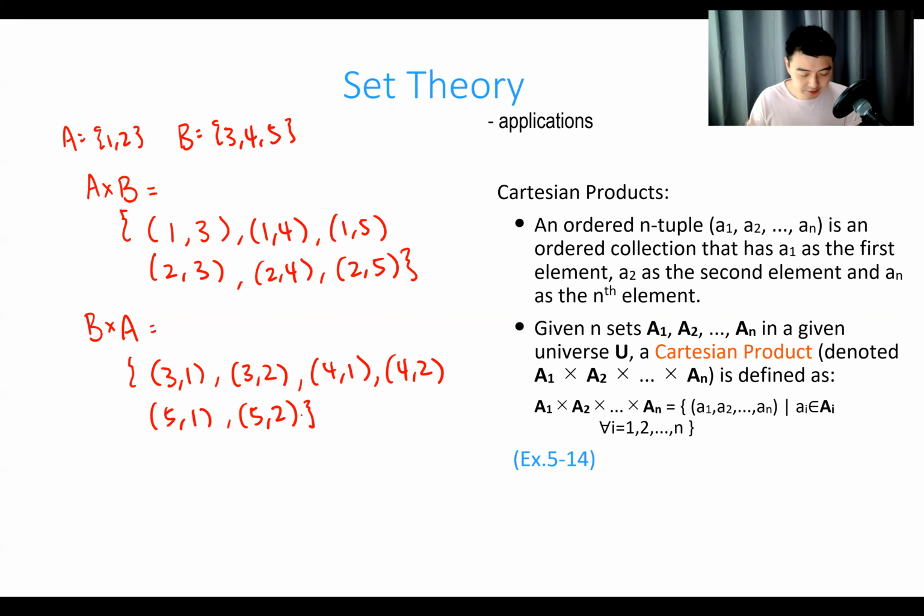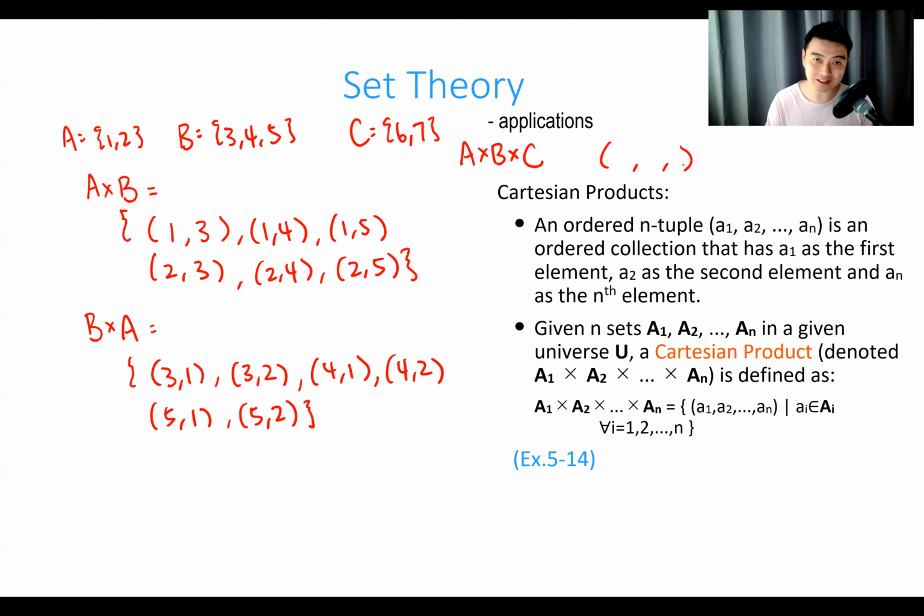Now, in addition to this, we probably won't look at this application in this course, but we could have multiple sets. We could also have a set C, for example, that is {6, 7}. And we can define a set A cross B cross C, where we would have tuples that are all triples.